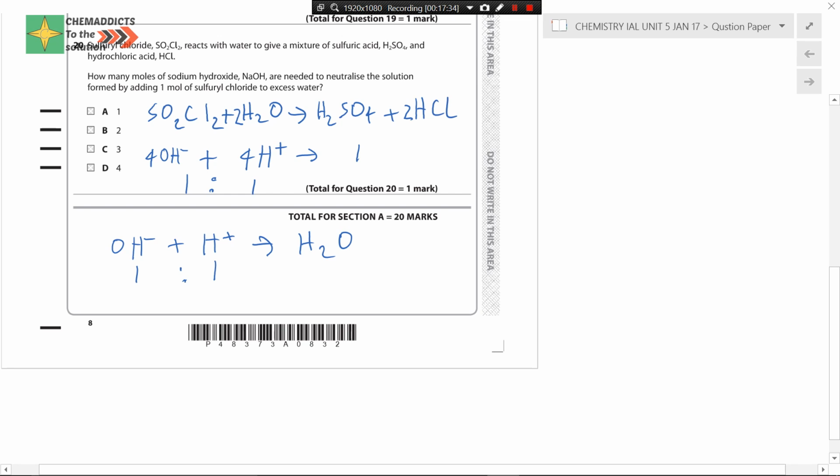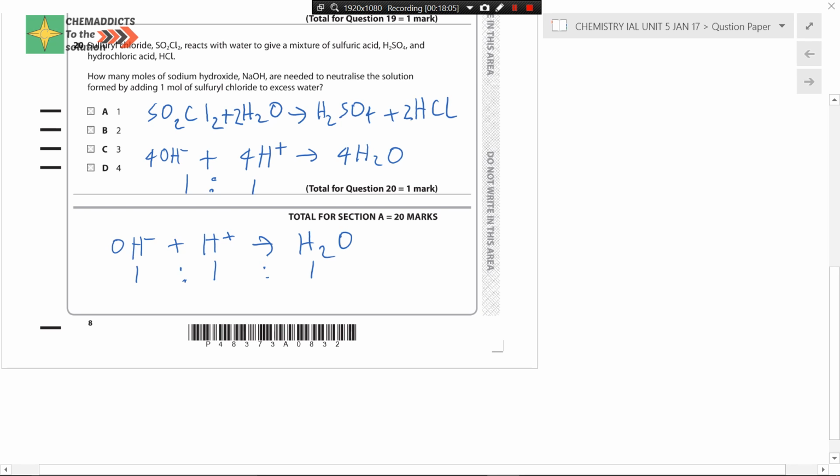Since here we have 4 moles of hydroxide ion and 4 moles of H plus ion, we need to have 4 moles of water. So 4 water molecules give 8 hydrogen and 4 oxygen, and that is how it works.